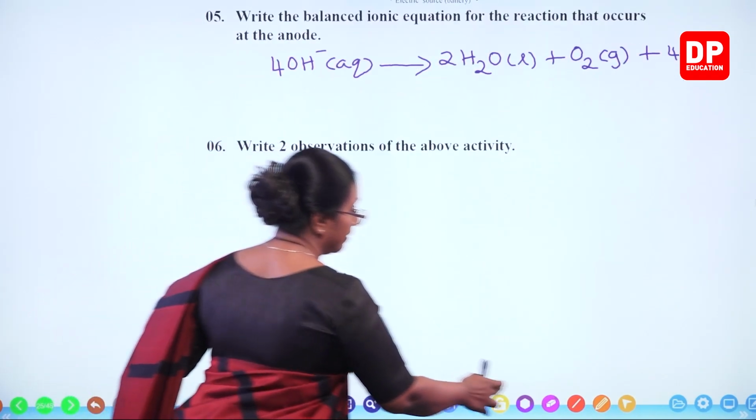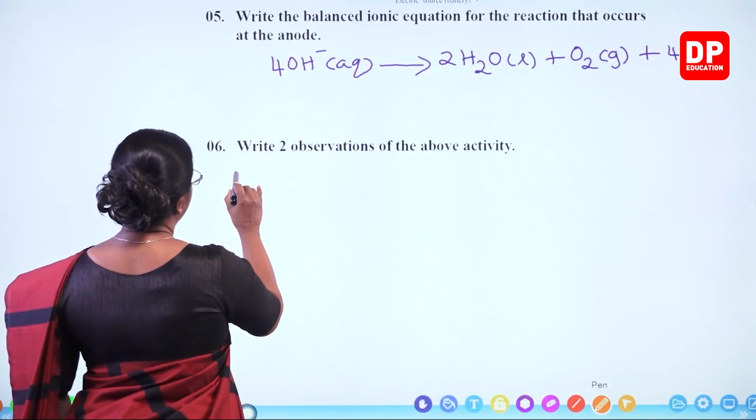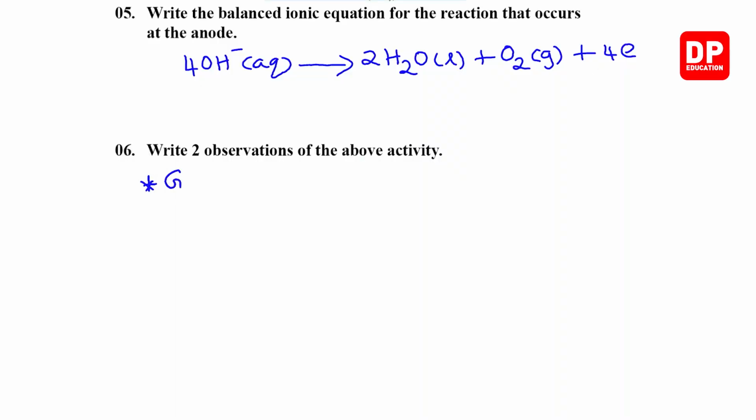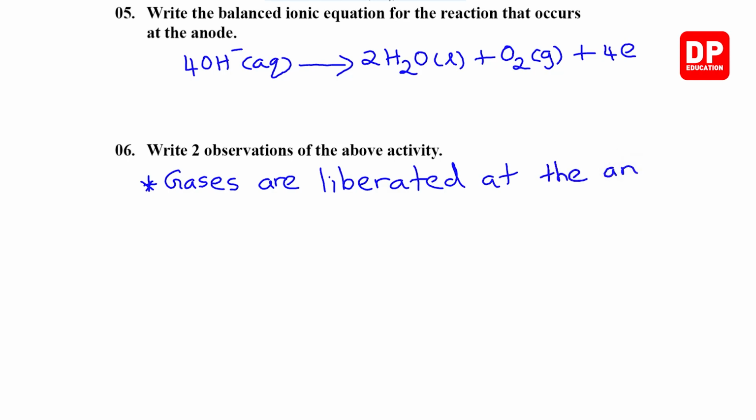So, here what I will do is, I will write the first observation as gases are liberated at the anode and cathode.